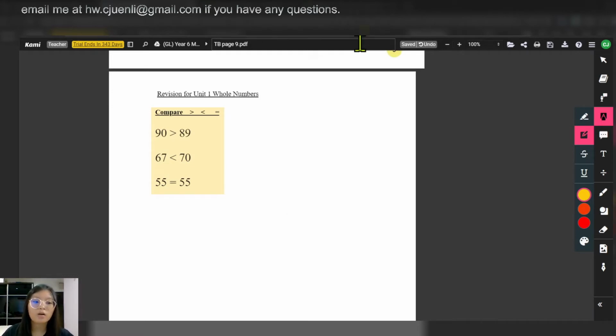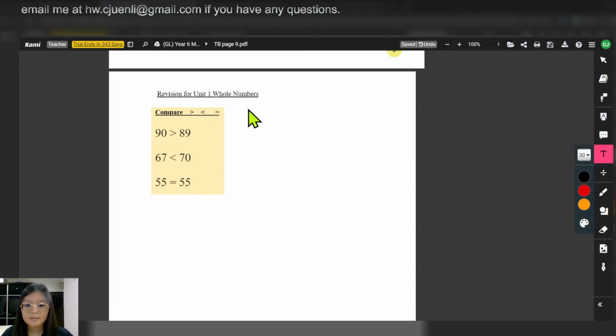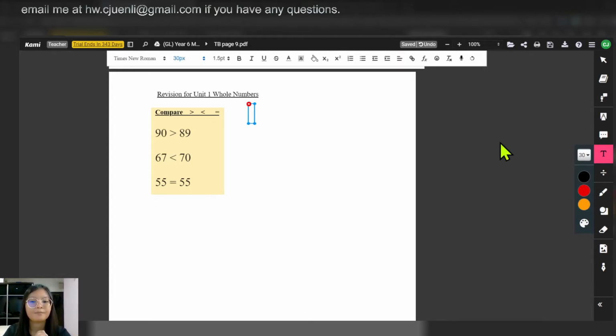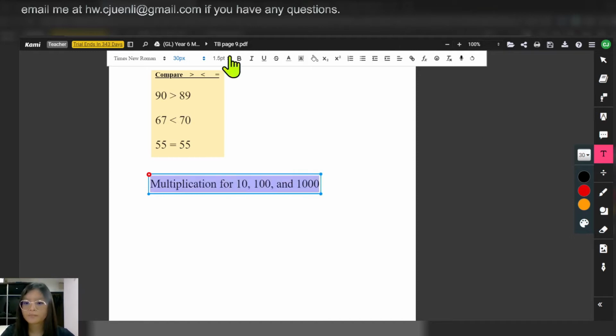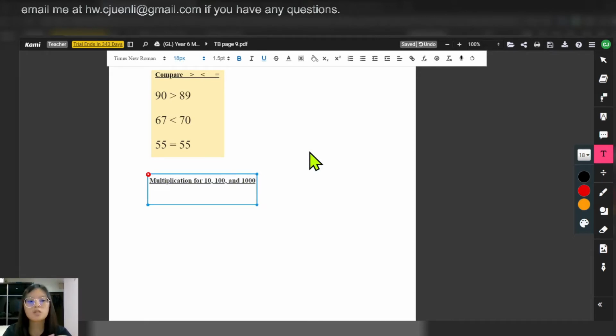And now we're going to look at another one, which is multiplication. So we're going to look at multiplication and also division together actually. So multiplication for 10, 100, and 1000. In this one right over here, I'm just going to give you a very simple example.